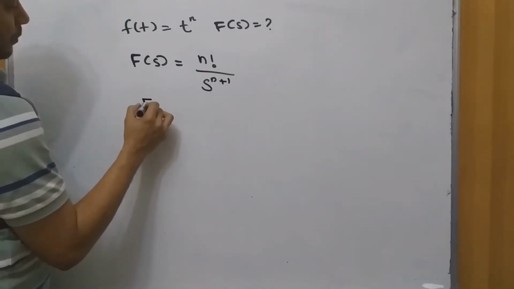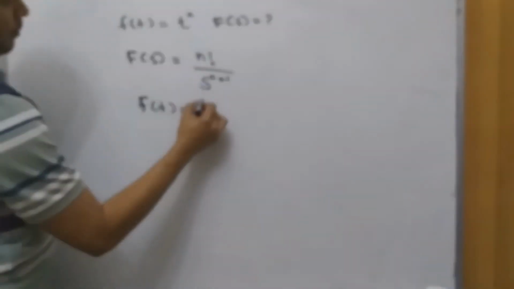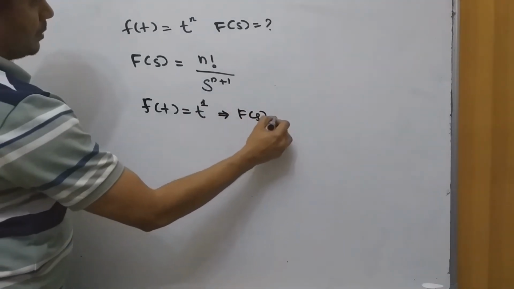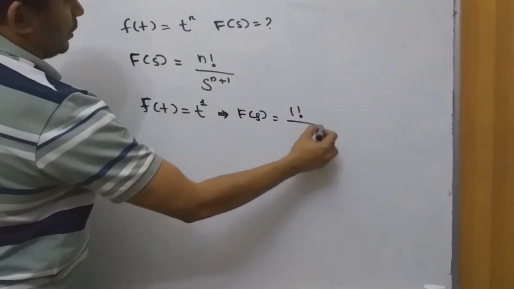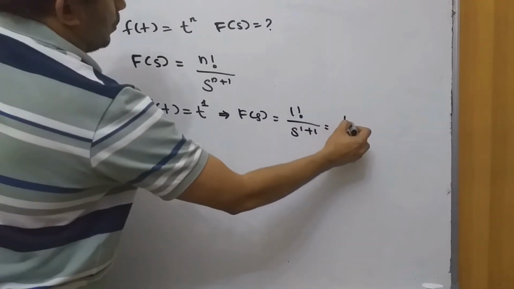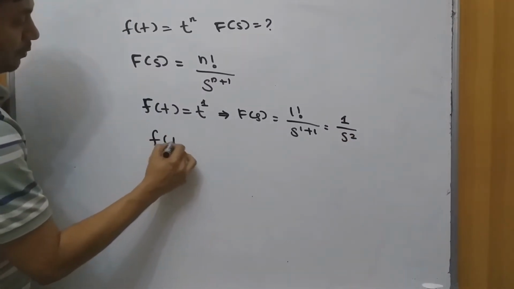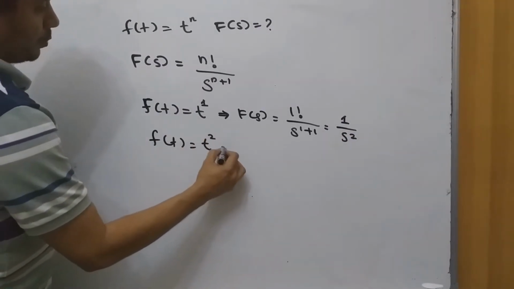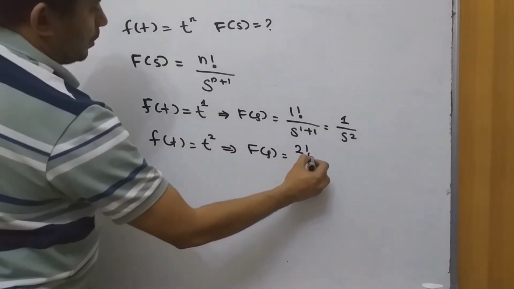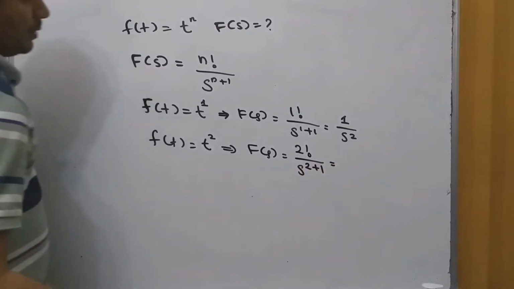Suppose f of t is t power 1, the corresponding f of s will be 1 factorial divided by s raised to 1 plus 1. That will give you 1 divided by s square. If f of t is t square, we will get f of s equal to 2 factorial divided by s to the power 2 plus 1.